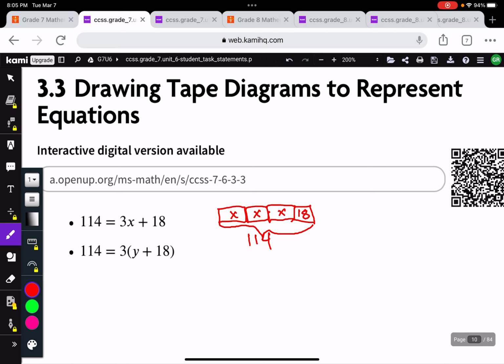Now, let's go ahead and just solve that. So I know that something plus something plus something plus 18 is going to equal 114. Yeah, something plus something plus something equals that.